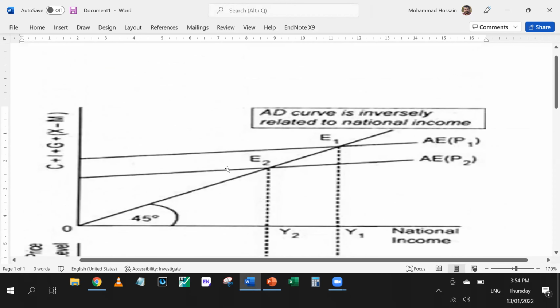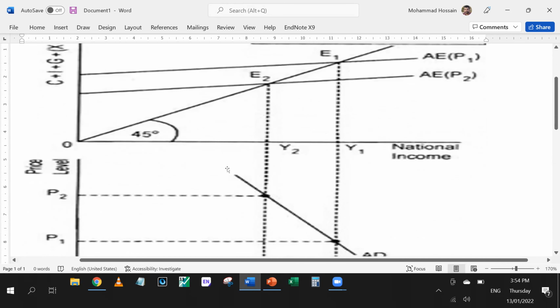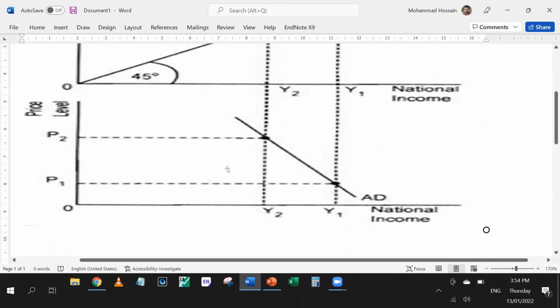So you can see here that the aggregate demand curve is inversely related to the national income. Which means that when the aggregate demand is increasing, then national income will also be increasing. When you look at it this way, the price level and the national income are inversely related.